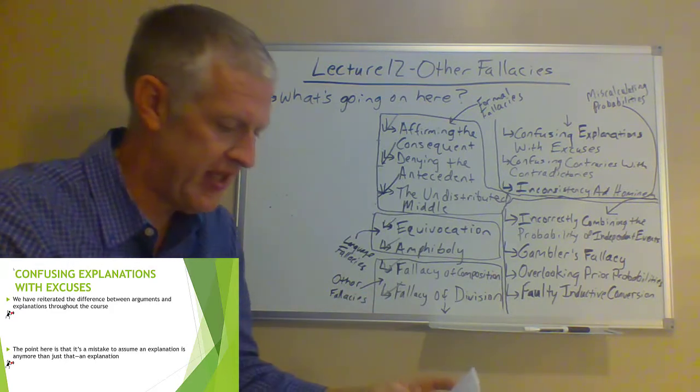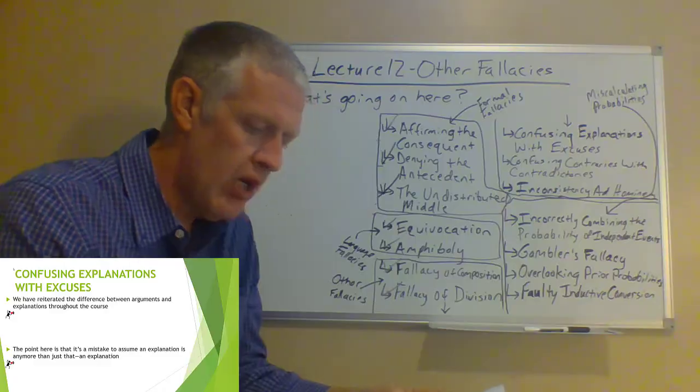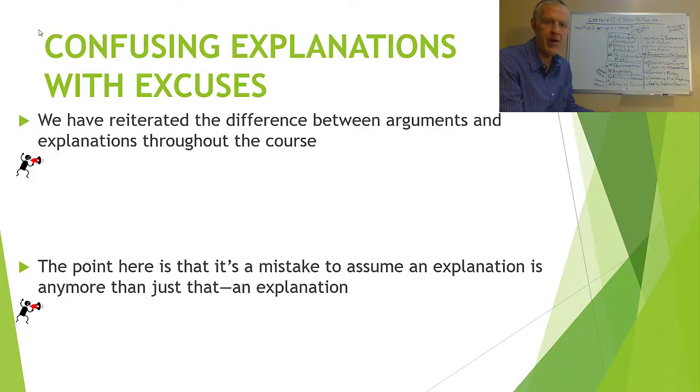That was an example the authors mention in the text. As I mentioned at the top of slide 10, we have reiterated throughout the course the difference between arguments and explanations. Same general idea here. It's one thing to explain something, it's another thing to excuse or justify something, and we have to keep that in mind.